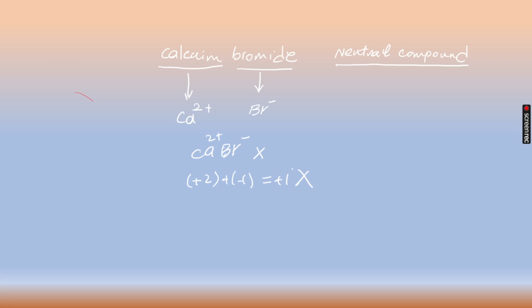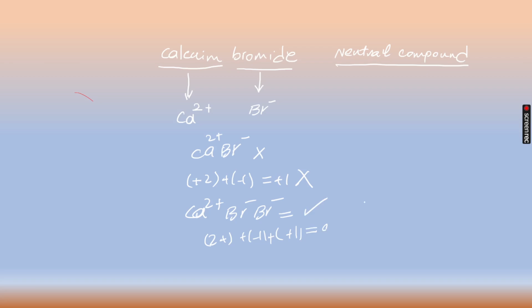It's not a good way. So if you want to create a neutral compound, you need 2 bromine. So it should be calcium 2 plus, 2 bromine, Br minus and Br minus. It should be 2 positive plus -1 plus -1. It can create a 0. So this one is okay.